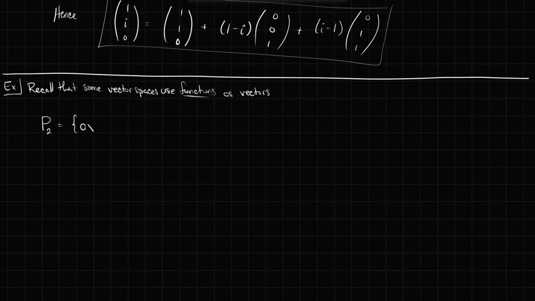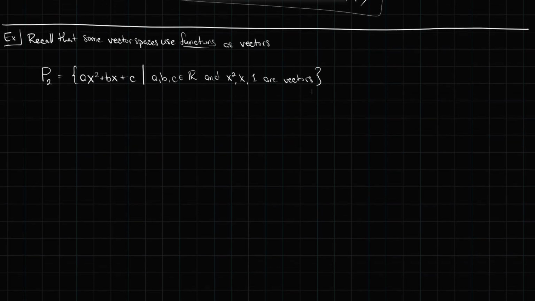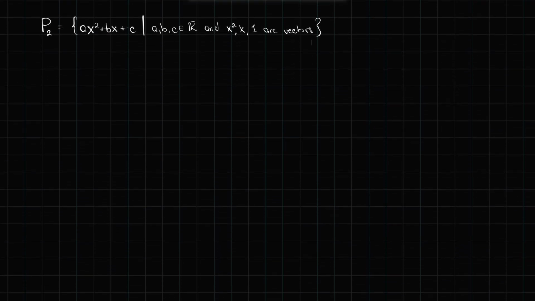This space looks like ax squared plus bx plus c, such that a, b, and c are in R, and x squared, x, and 1 are vectors. So this is a nice vector space that is not going to look like just the column vectors or the parenthesis vectors that you're used to. We can ask the same sort of question. So we can ask, is the vector, now I'm going to write down a vector here.